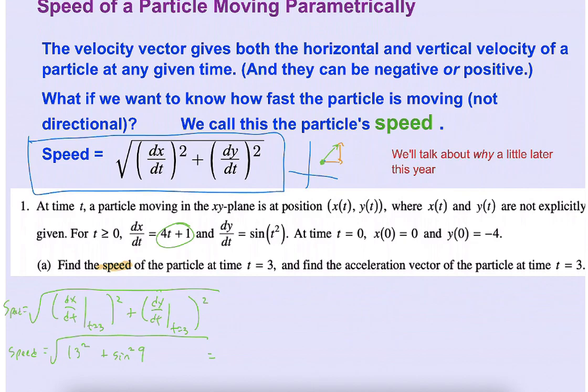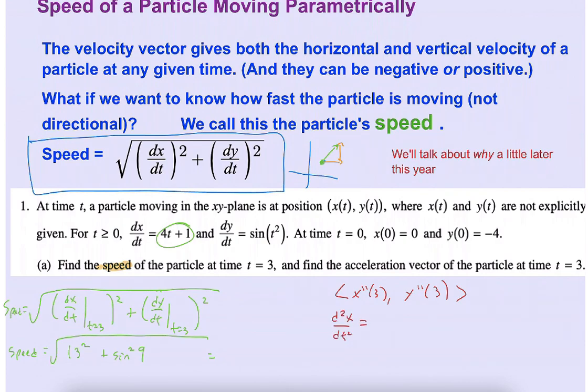And then find the acceleration vector of the particle at time t equals 3. Remember, that's looking for x double prime of t, y double prime of t. Actually, I should say that's asking for x double prime of 3, y double prime of 3. And they gave us dx dt, so we can find the second derivative of that.